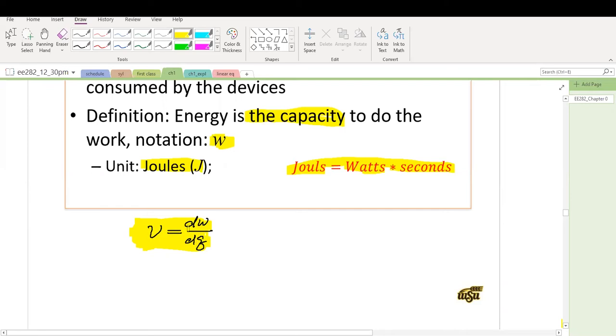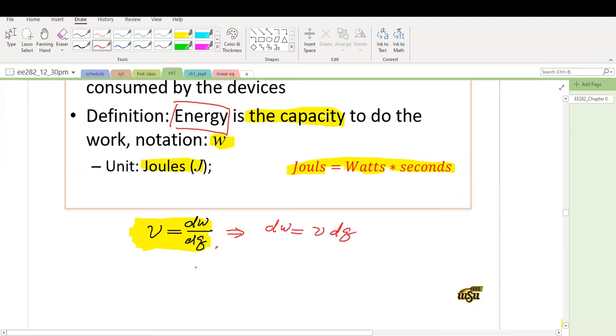So this is a mathematical relationship. I drop the subscript A and B here just for notation simplification. I'm going to do a mathematical justification. How do we obtain the energy? From this relationship, we know that dW equals V multiplied by dQ.